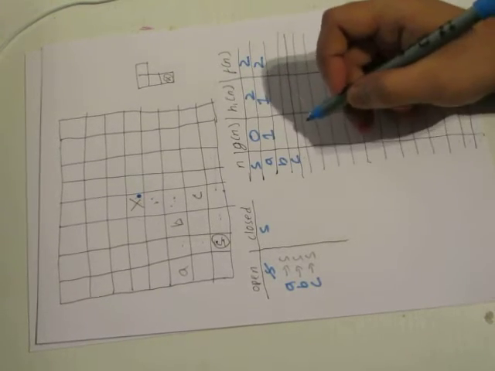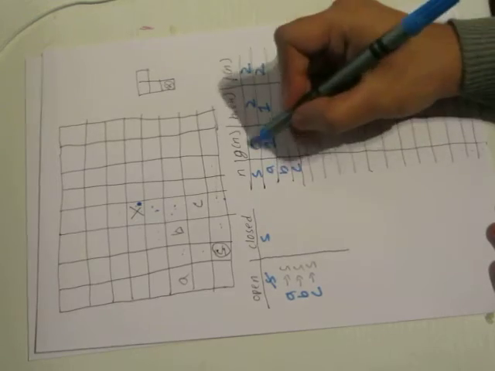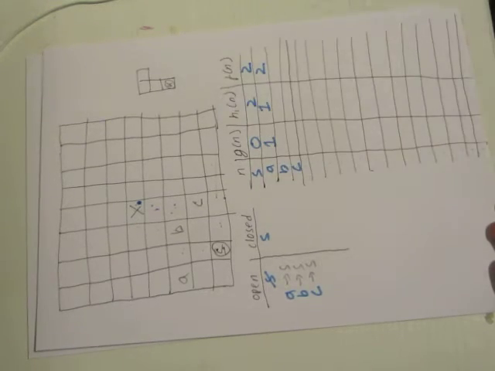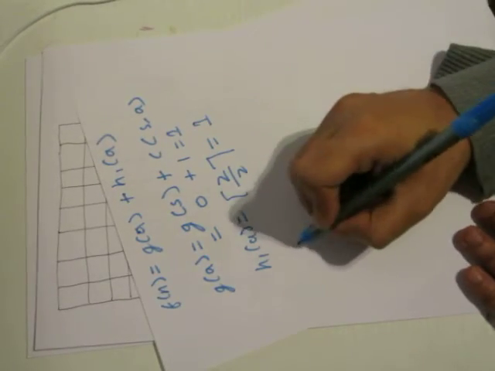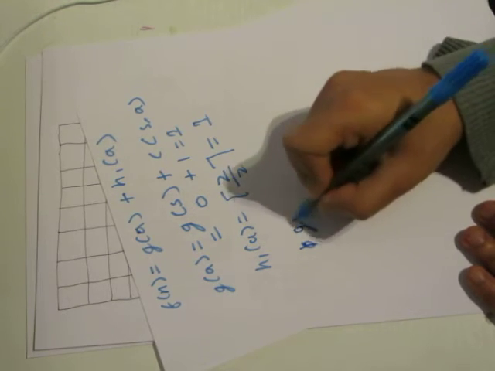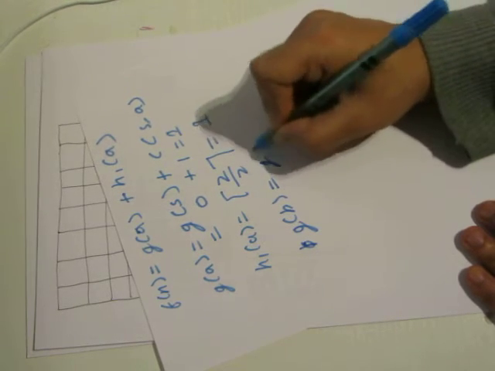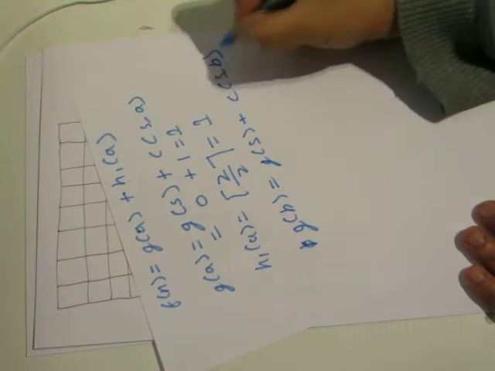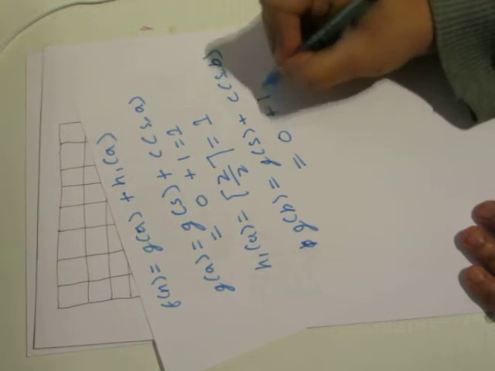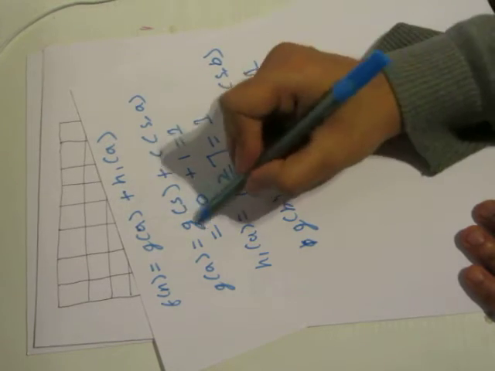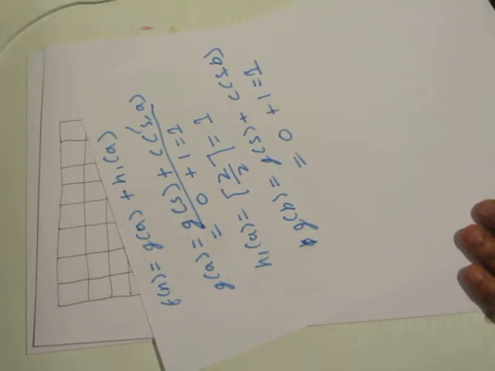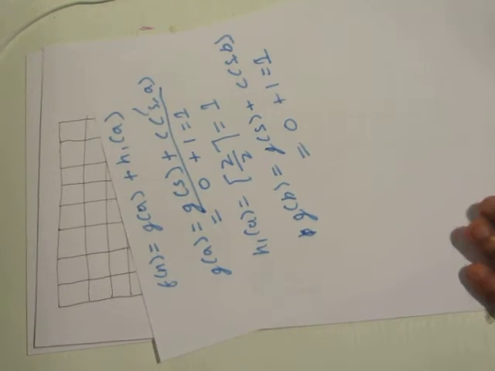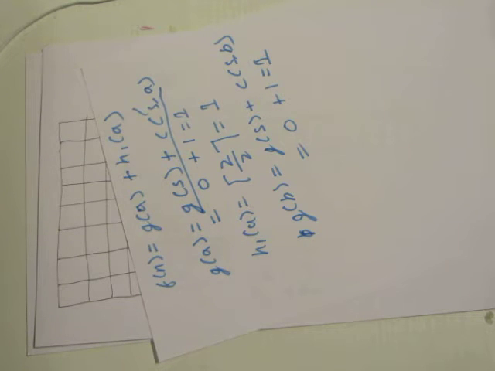Similarly, g of b would also be 1, because g of b is again g of s plus the cost of going from s to b, which is 0 plus 1, gives you 1. It's exactly the same because the cost is always 1, so all the successors will have the same g value.